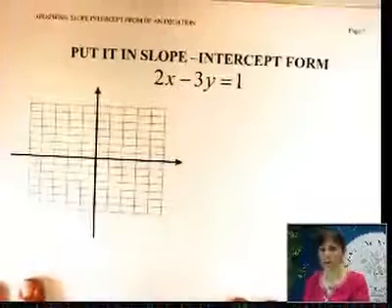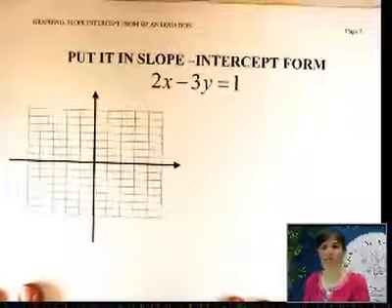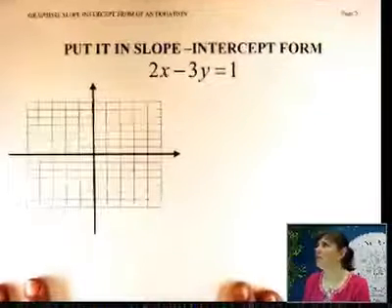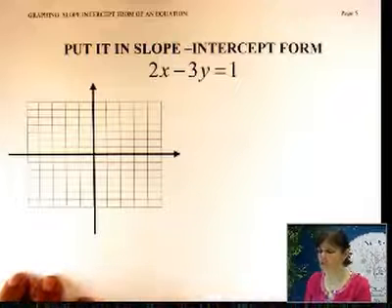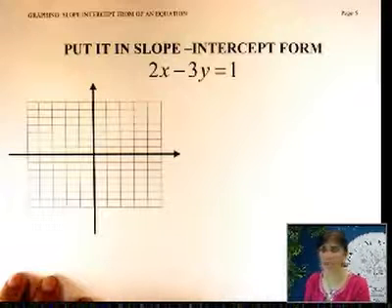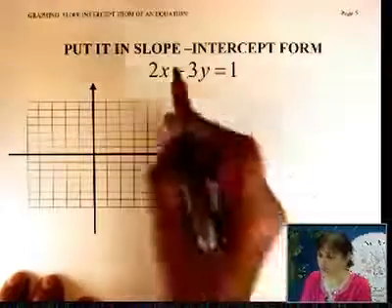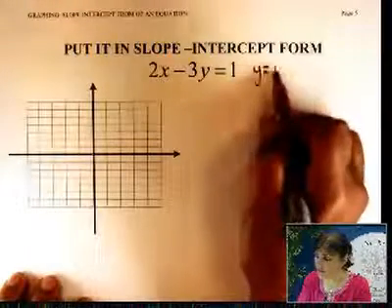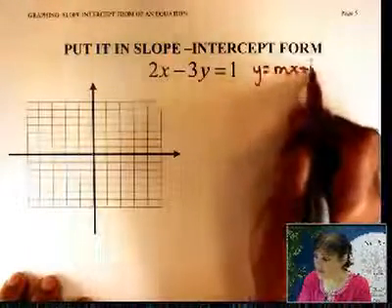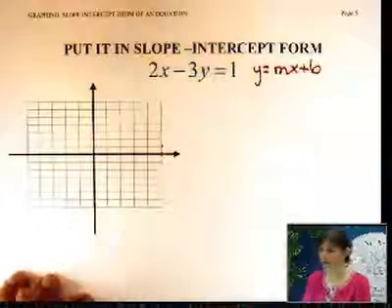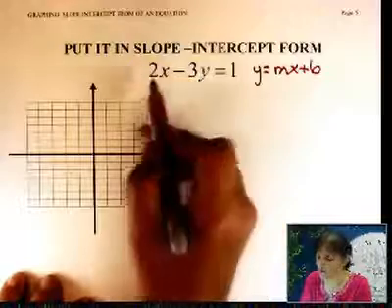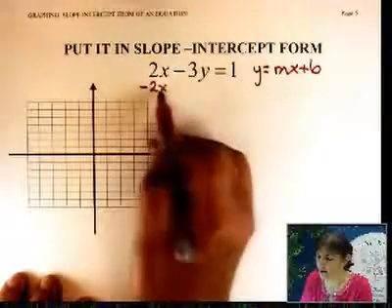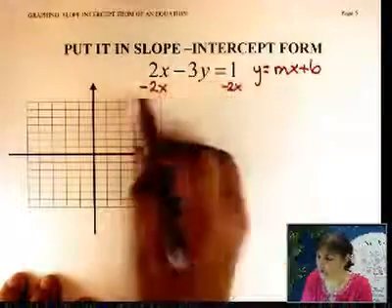Okay. The next question might be, they're giving you an equation in the standard form, and they're asking you to put it in the slope-intercept form. Not a problem. Remember, slope-intercept form looks like this. In other words, it's going to have y on one side, and x on the other side. So I need to move things around. I'm going to subtract 2x.